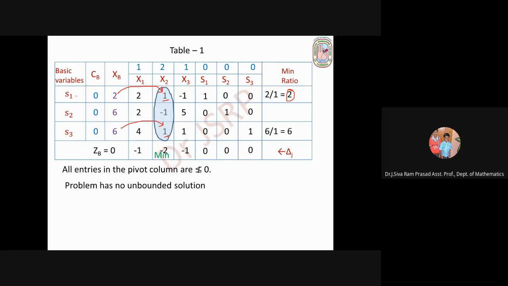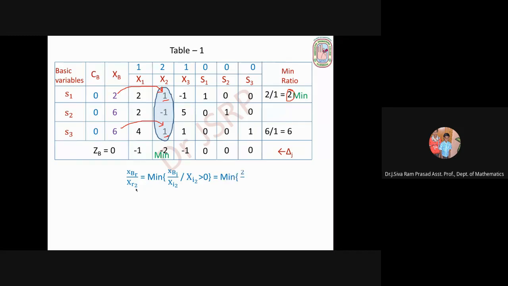Okay. How do you write this minimum ratio test in mathematical formulation? XBr by Xrk. Here k means the entering basic variable suffix. Entering basic variable is x2, the second variable. So k is 2.